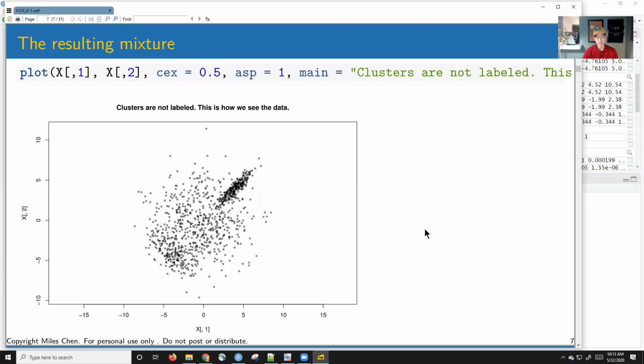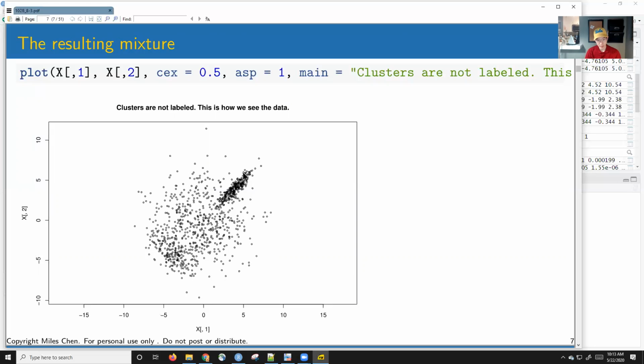Okay, and when you do this, this is what the data looks like. This is a mixture of three components. We have the center component centered at 0, 0 with a variance of 9, so it's kind of a big circle here.